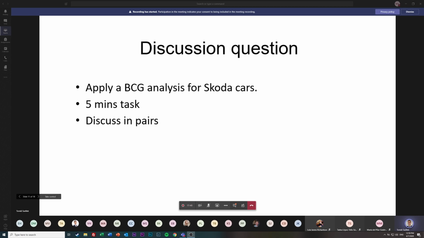What could be the example of a cash cow, stars, dogs, and question marks in an example of Skoda Auto? So, who would provide me an example of stars? Based on the information from the internet and from research, what could be the example of stars?